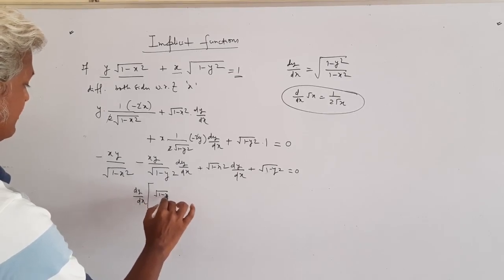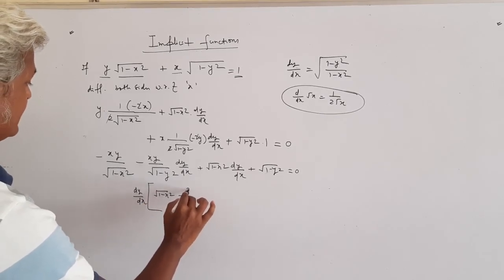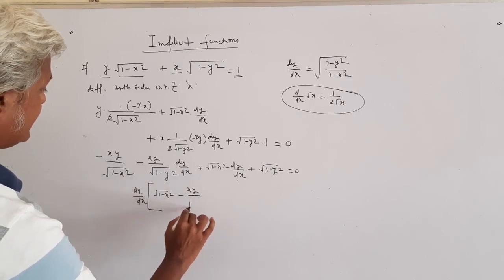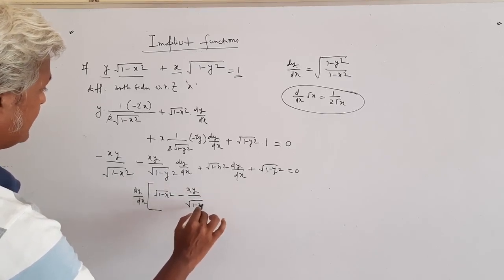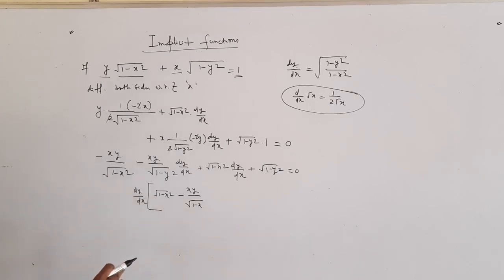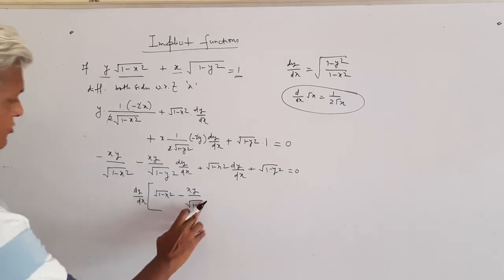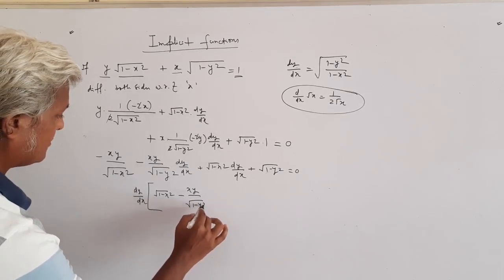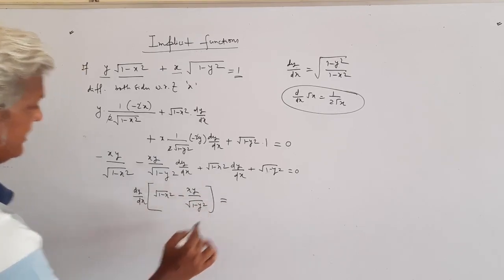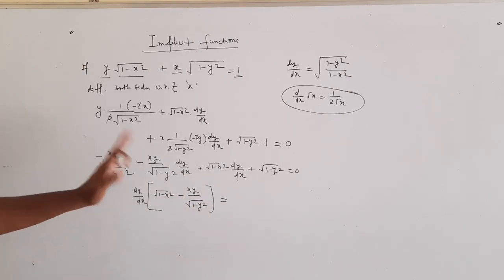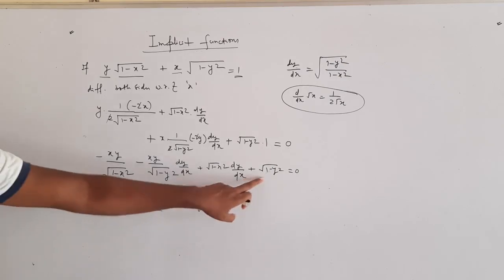under root 1 minus x square minus xy upon under root 1 minus y square equals, I take this on the other side, so this will become positive and this will become negative.